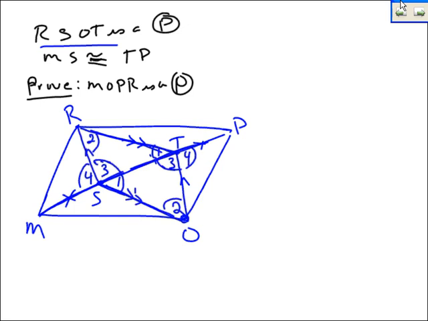Since RSOT is a parallelogram, we know that this side and this side are equal to one another. So let us talk about triangle 1 and triangle 2. Triangle 1 has one slash, an X, and angle 4 in the middle. Look at triangle 2.